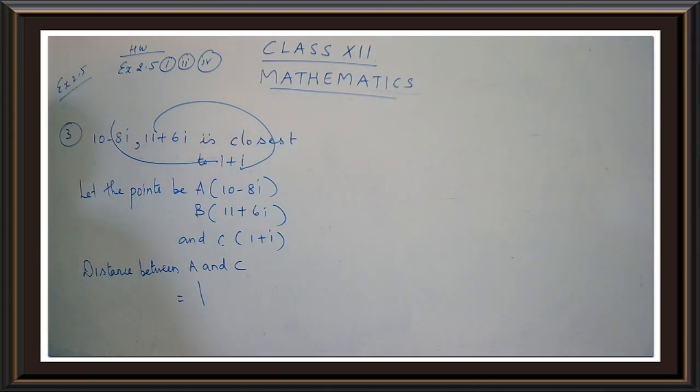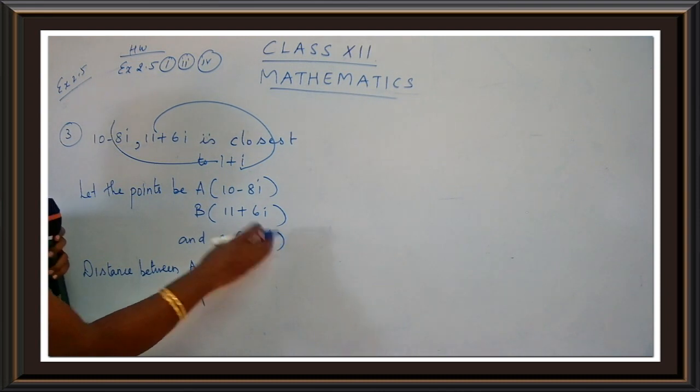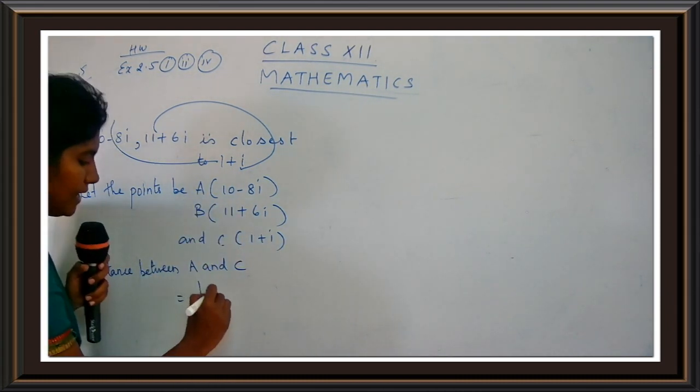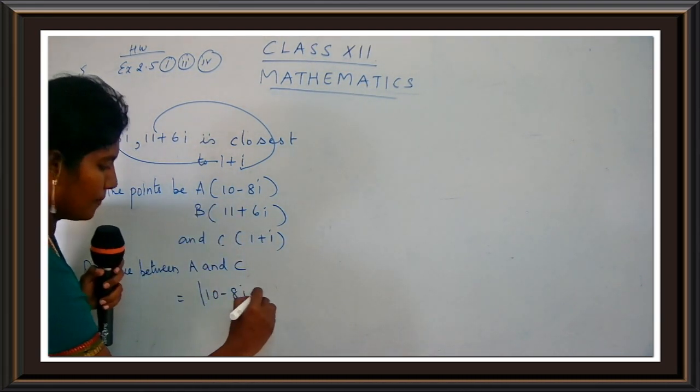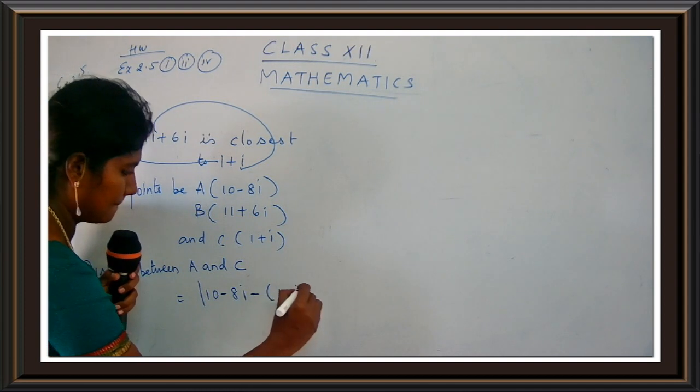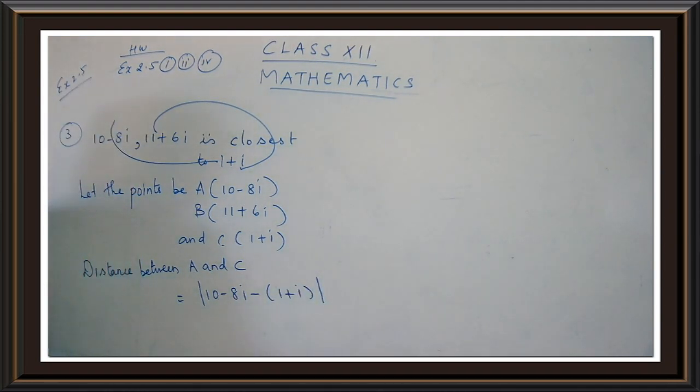So 10 minus 8i minus 1 plus i. Be careful with the step, children. Distance between A and C: 10 minus 8i, that is the A value. You take the main sign as minus, and you write the value for C in bracket, that's 1 plus i.